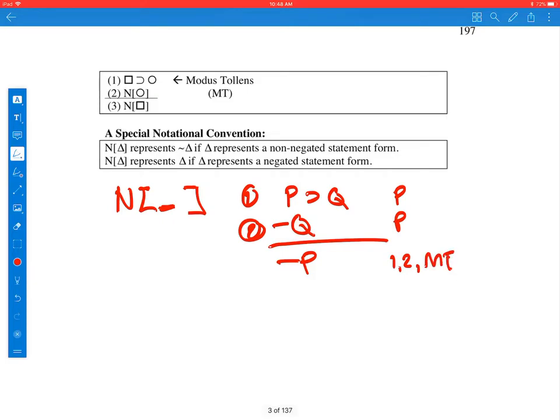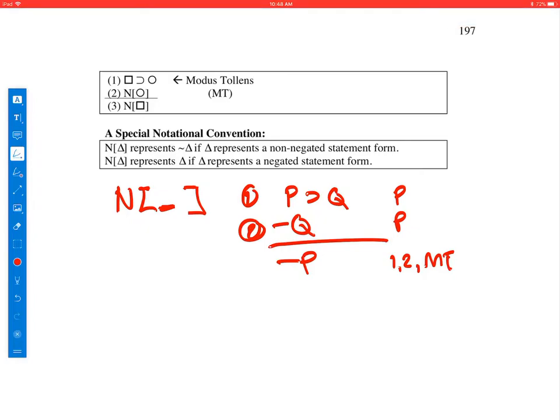So, the n brackets represents the opposite of.